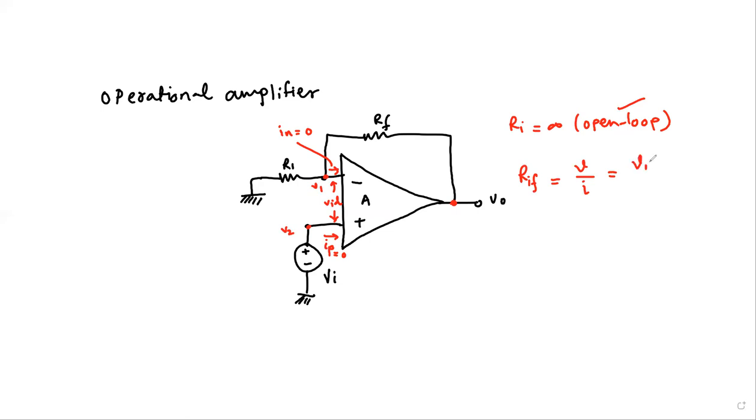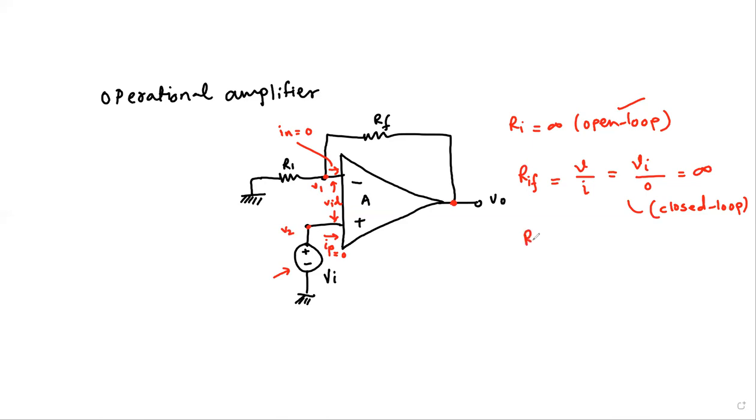Voltage applied is VI right over here, and we've seen that this current IP is equal to 0, because due to ideal characteristics, no current can enter through the positive terminal. So we say that the input resistance for the closed loop is infinity, okay, with the feedback.